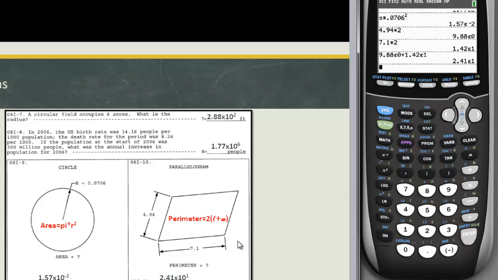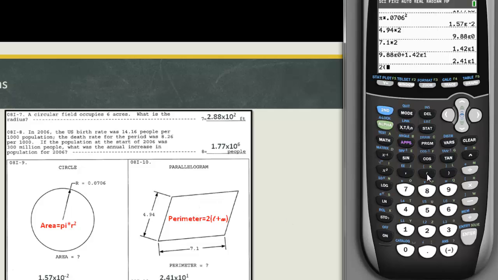And of course, change the e to the times 10. If you use the formula, it's the same thing. You're going to put 2 times the length plus the width, so 4.94 plus 7.1, and you get the same thing. So you can either add the numbers all the way around. This one you can pretty much do however you want to. As long as you add all 4 lines, you should be good to go.